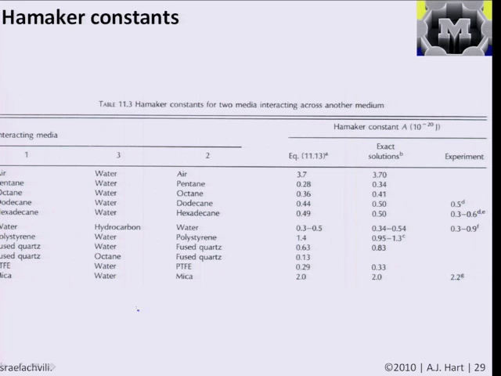And, for example, it can be said that the Hamaker constant between, say, two materials, 1 and 2, is approximately equal to the square root of the Hamaker constants from the interactions of those two materials with themselves.